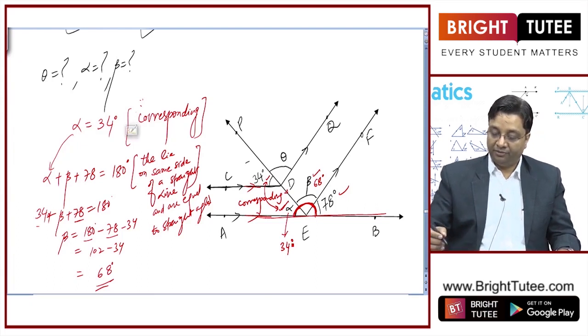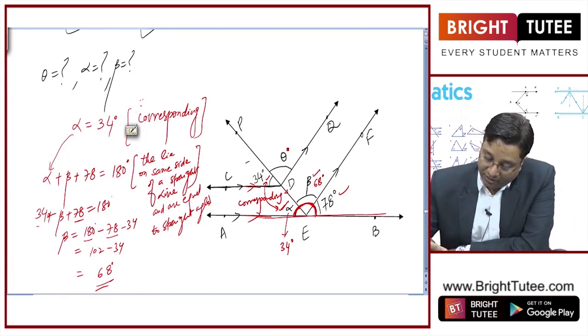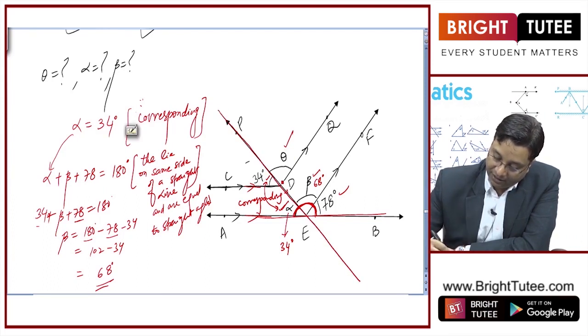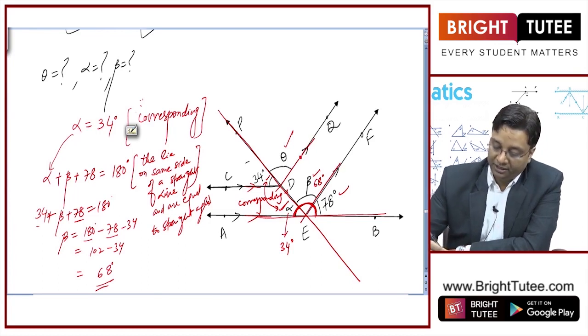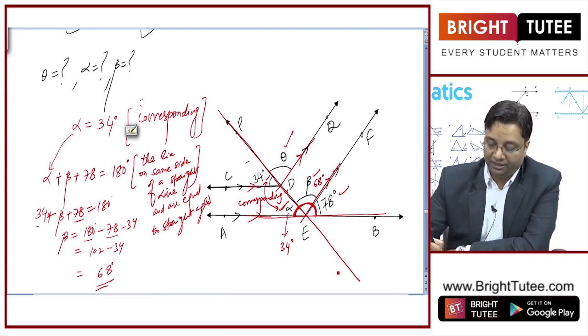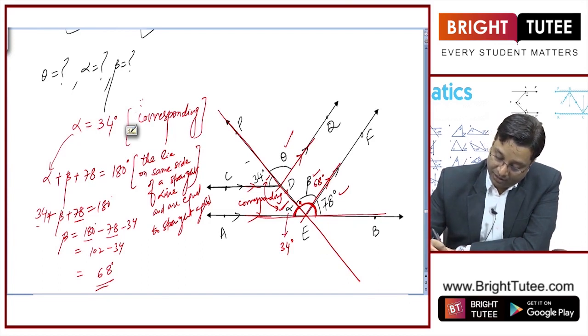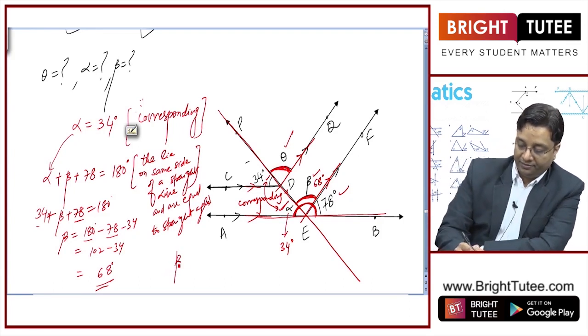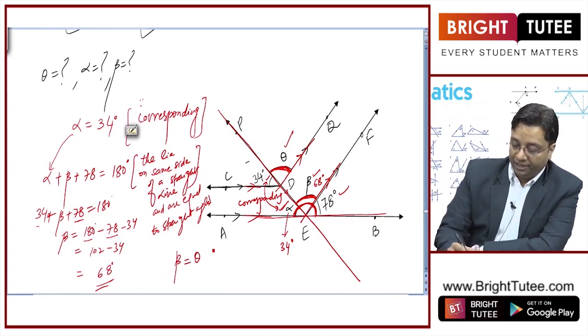Now it is very easy for me, because look at theta. If you consider this line here, it is transversal for these two, okay, because these two are parallel lines and this is the transversal here. So this angle beta will be equal to angle theta. Why?